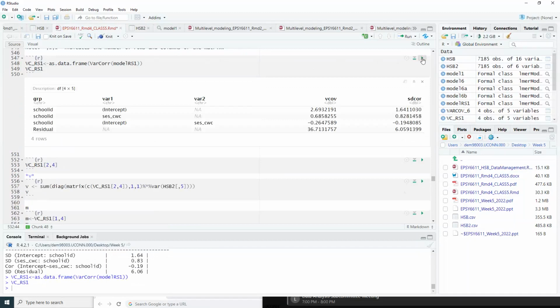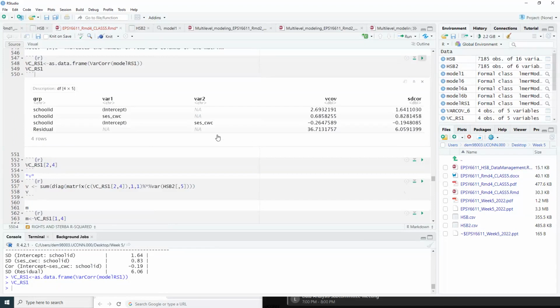So I'm saving as a data frame the variance components for this model. And you can see, if you look at this, it's a data frame that has 4 rows and 5 columns, right? Column 1, 2, 3, 4. So column 4 has the variance covariance matrix and stuff in it. And then I care about the CWC, I think it was, right?